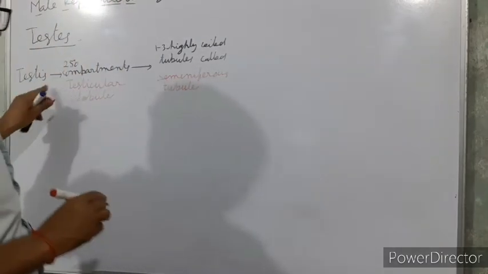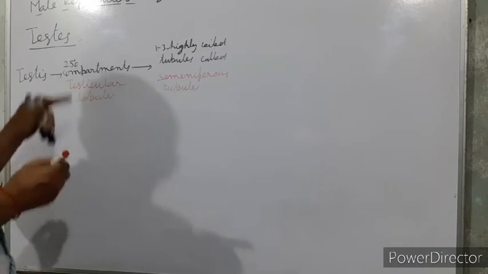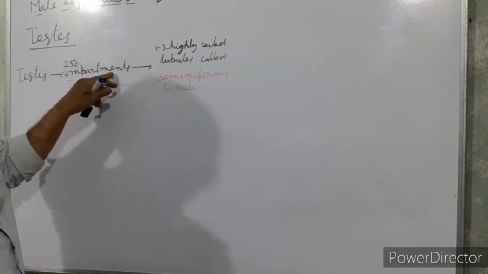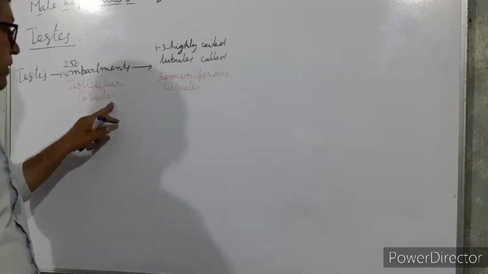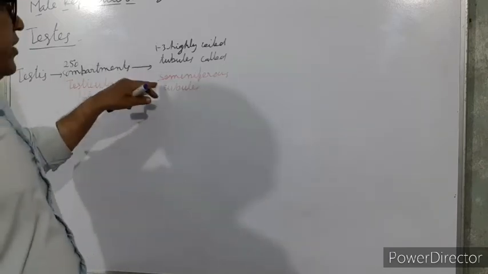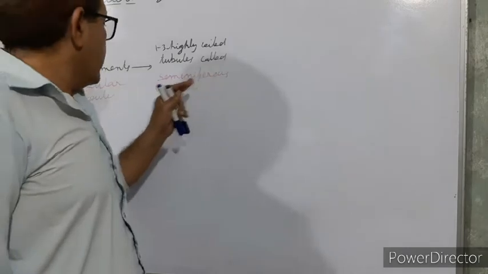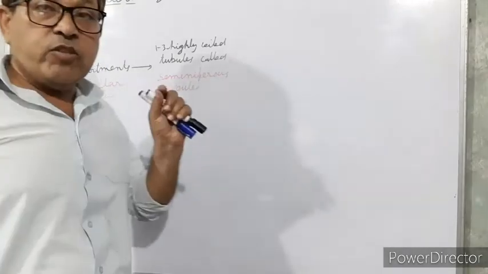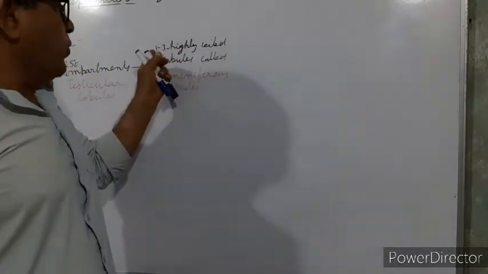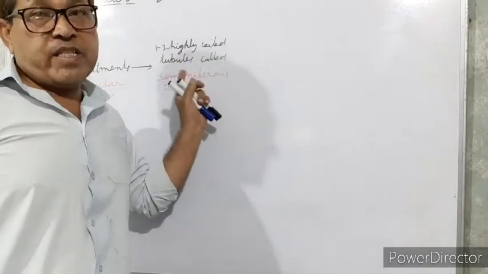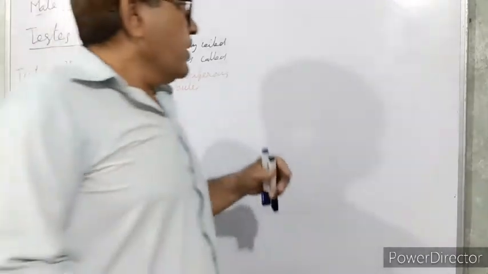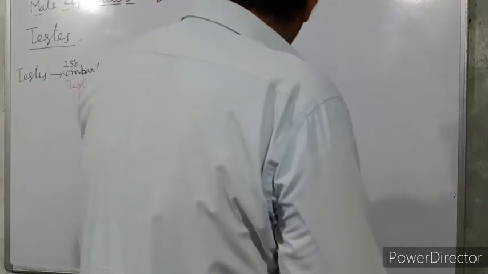So, the testis contains about 250 compartments called testicular lobules, and each testicular lobule contains 1 to 3 highly coiled tubules called seminiferous tubules.